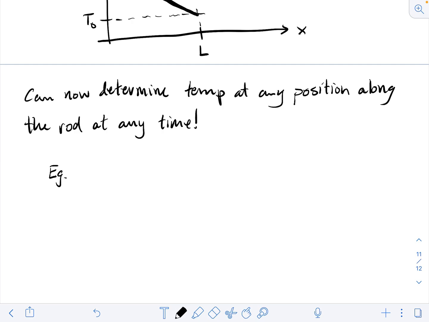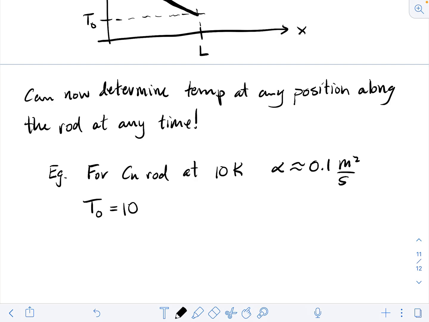So for example, let's suppose we had copper. For a copper rod at about 10 Kelvin, the thermal diffusivity alpha is something like 0.1 meters squared per second, right? You go look up the thermal conductivity and the specific heat, and you could calculate its value.